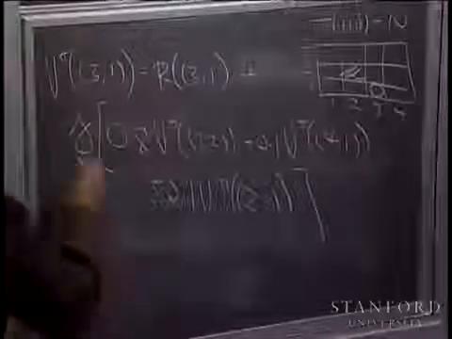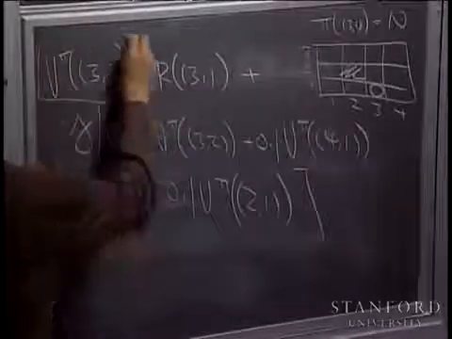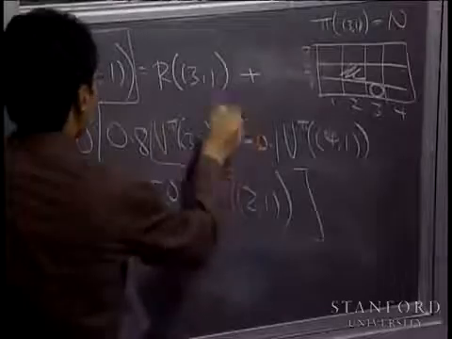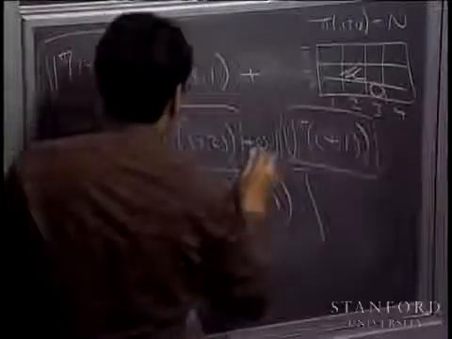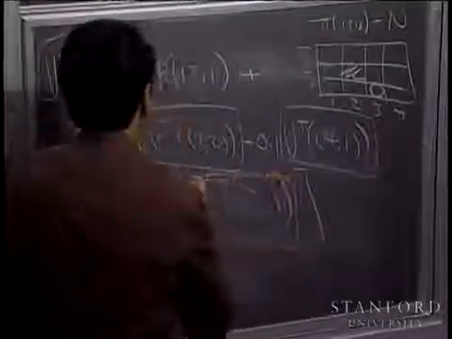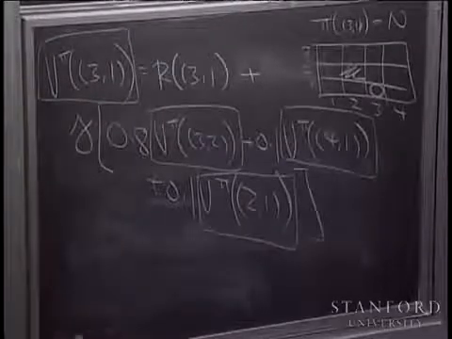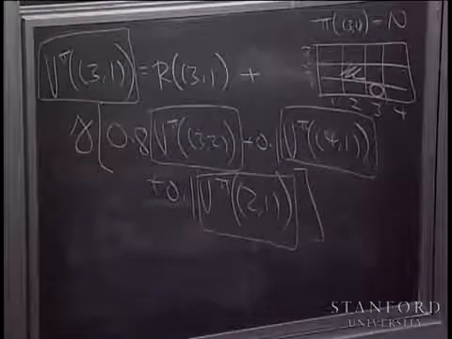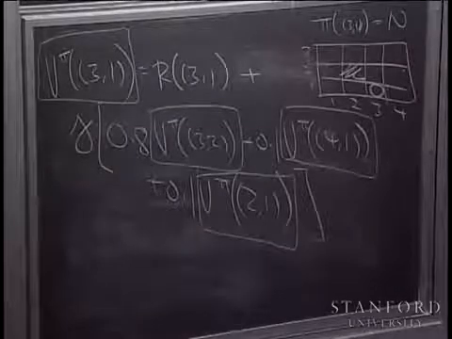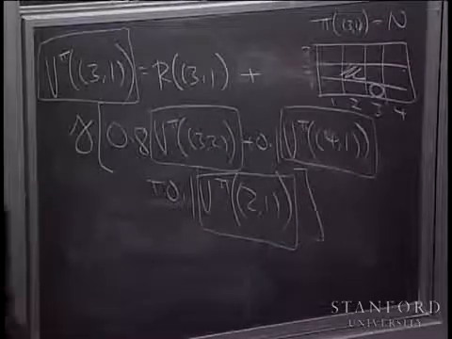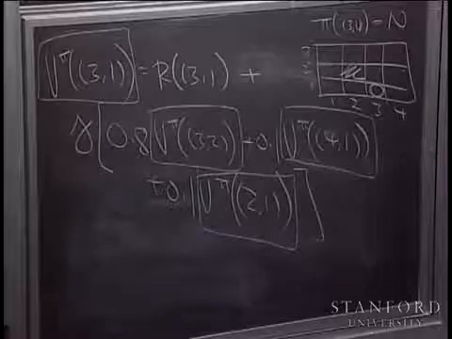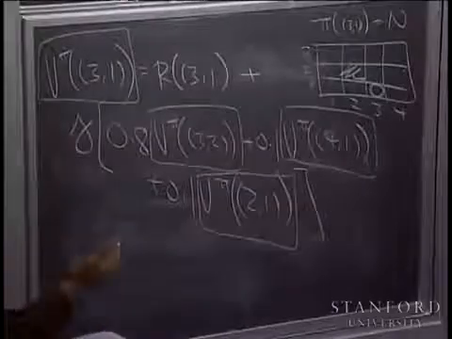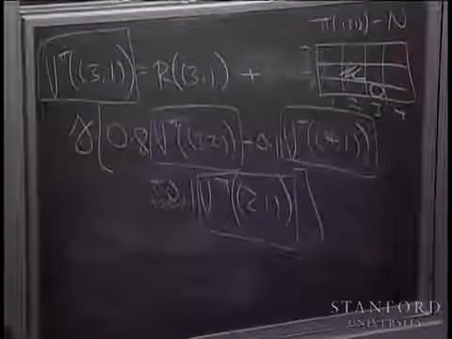If I'm trying to solve for the values, so if these are the unknowns, then I will have 11 variables because I'm trying to solve for the value function for each of my 11 states. And I will have 11 constraints because I can write down 11 equations of this form, one such equation for each one of my states.